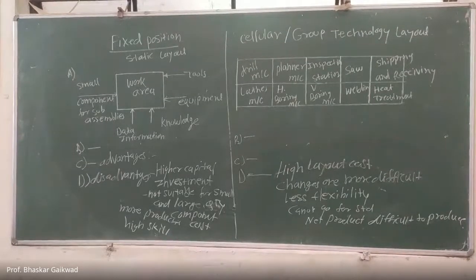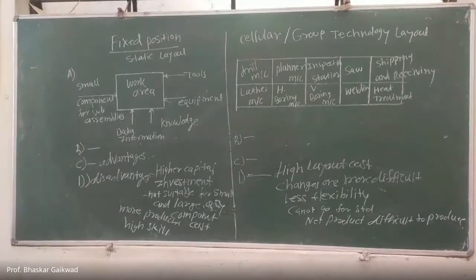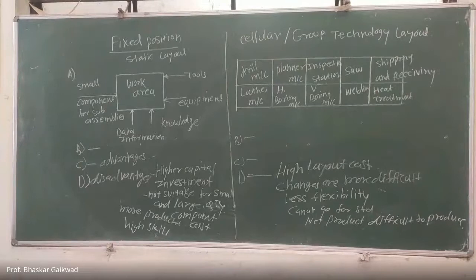So this standardization is very difficult under group technology. If you want to manufacture a new product, then it is difficult to produce because some machines do drilling, after drilling some go for welding, then we have to move to inspections, then heat treatments. It is difficult for a new product, but for old products we can make a sequence for this; for a new product it is very difficult.